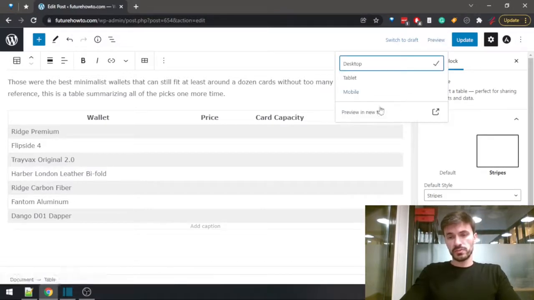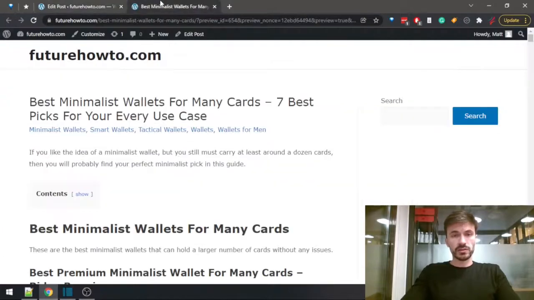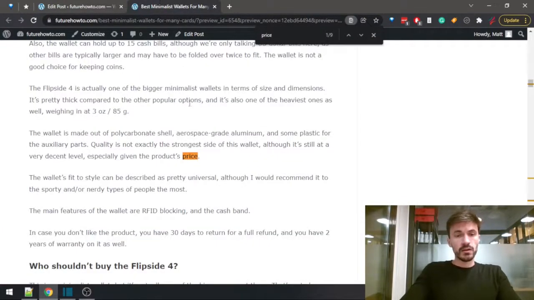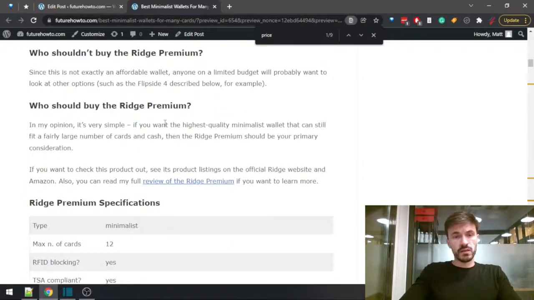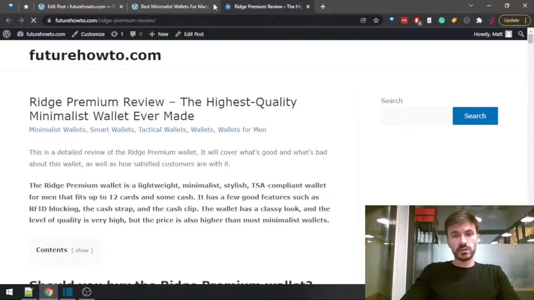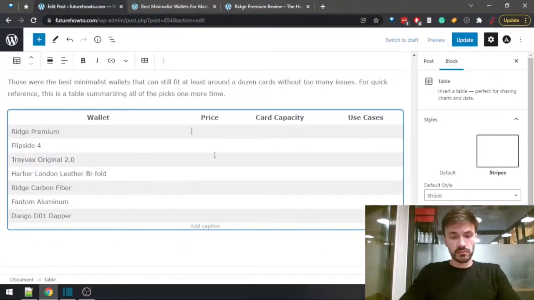Let me just use the preview feature here so that I can quickly grab these. So I think price. I'm not sure how much the Ridge Premium cost. Maybe it was 125. Yeah, so this is 125.